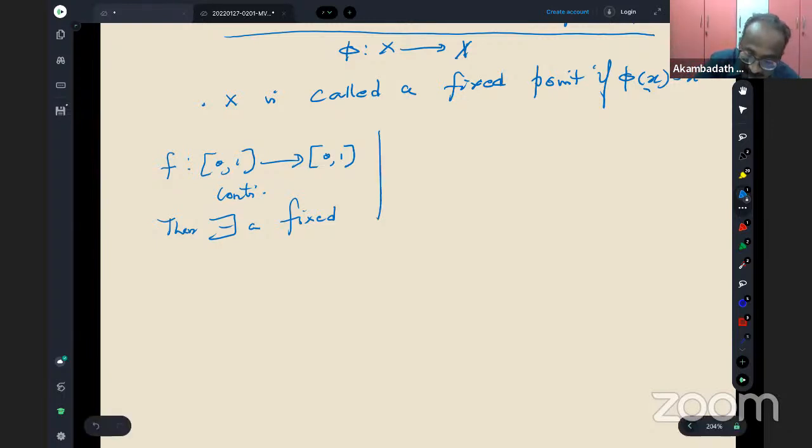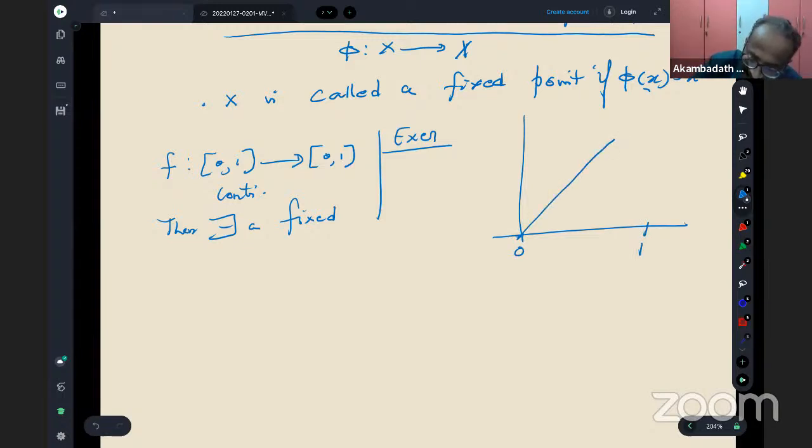Geometrically, I would like you to prove this as an exercise if you want. I'm sure you would have seen it by the intermediate value theorem. But that's very easy. If you have a mapping on [0,1], a fixed point means the graph cuts the diagonal here. Any mapping will intersect.